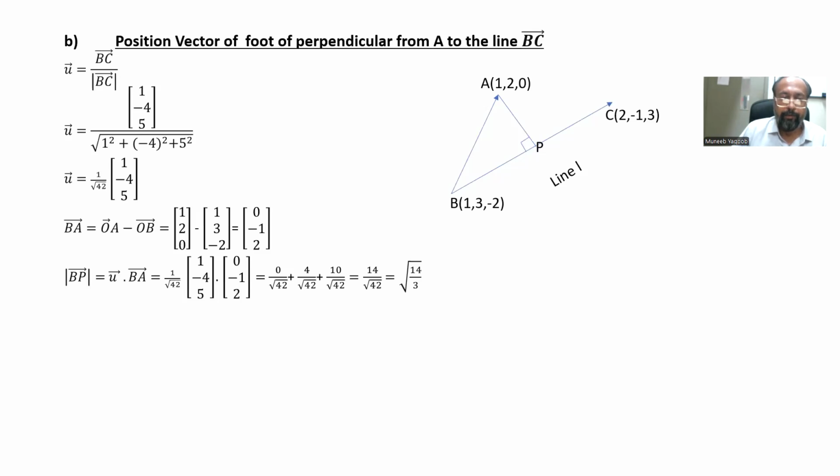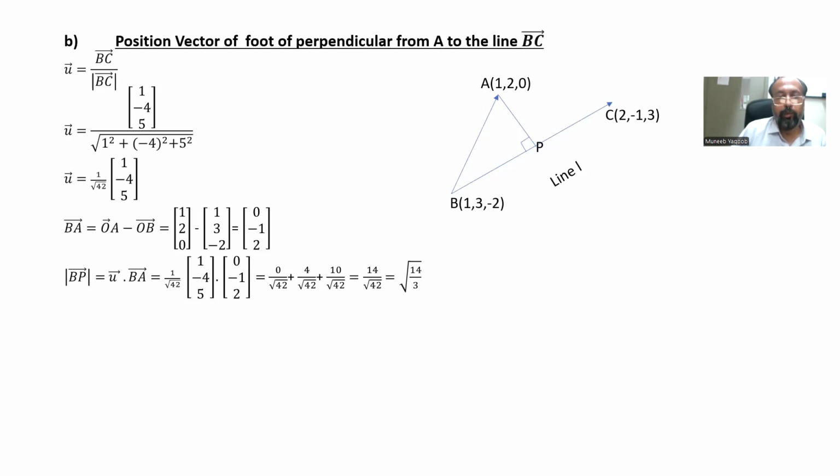In the dot product, we multiply the x component with the x component, the y component with the y component, and the z component with the z component, and then we add the three products. You can see that the dot product is root 14 upon 3, which means the length of BP is equal to root 14 by 3.